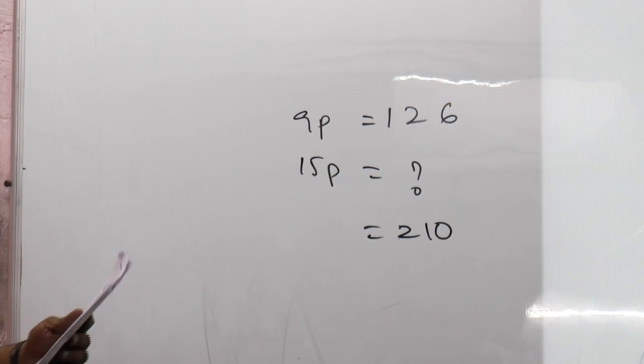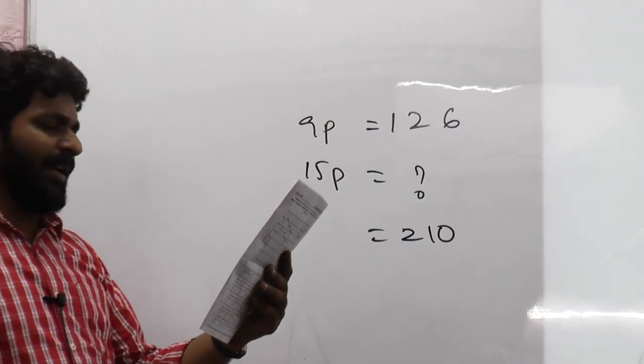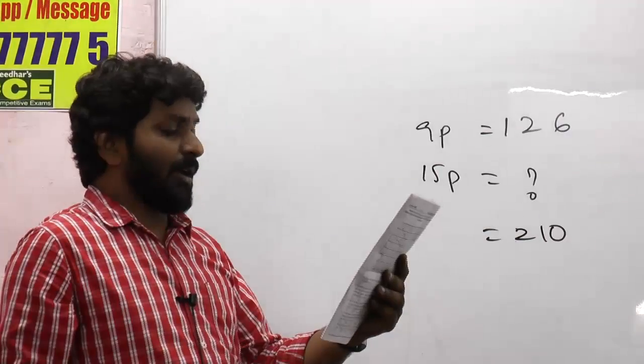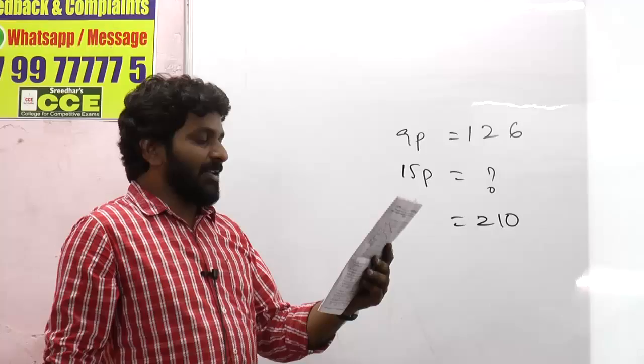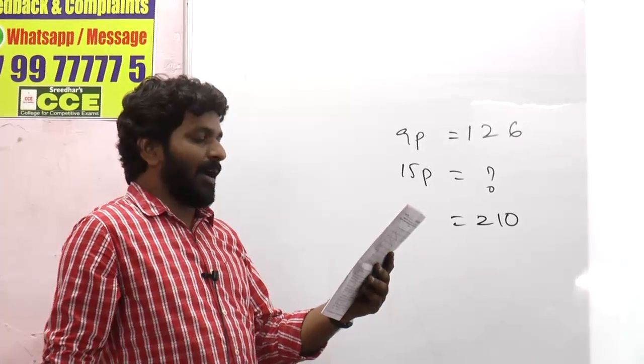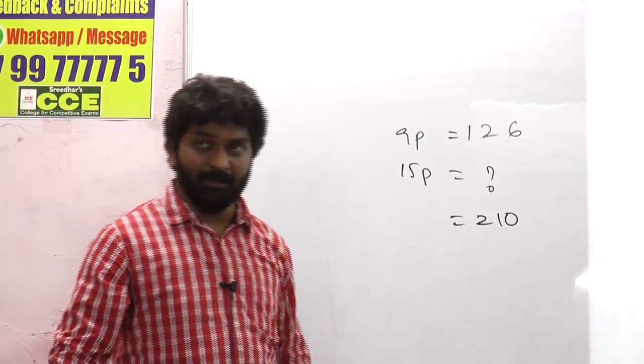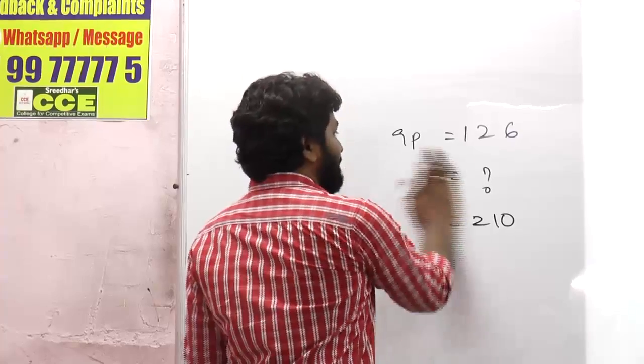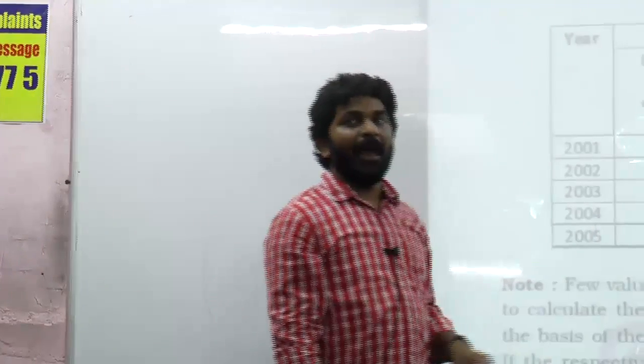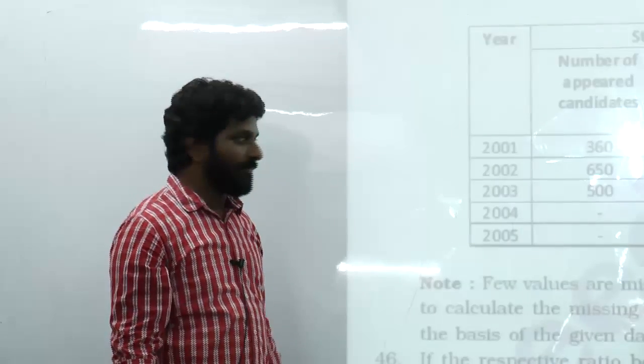Next, 47. If the average number of qualified candidates from state A in 2001, 2, 3 is 230, what is the total number of qualified candidates from state A in 2003? Fine. In 2001, 2, 3, average of qualified students is given.